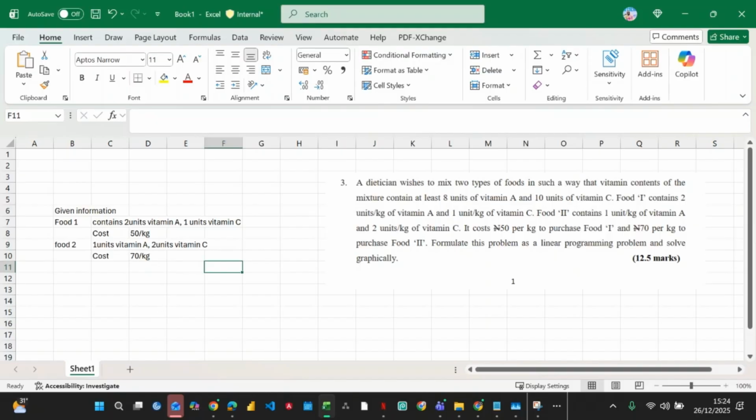Now let's look at the data. What is the requirement?